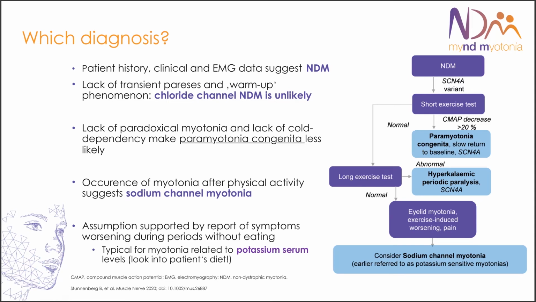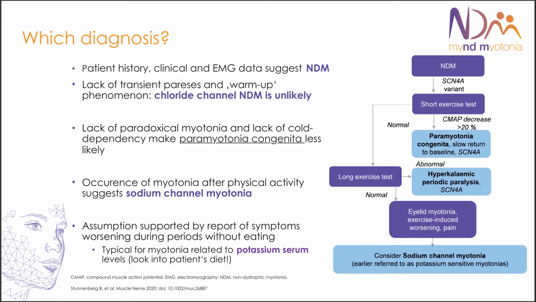And to go through here, with NDM as the working diagnosis, you may suspect that it is a sodium channelopathy. You can perform the short exercise test as discussed before, and you may see pattern 1 or 3, but this may not really help to decide which kind of sodium channelopathy is present. Paramyotonia congenita has some distinct clinical features which were not present in the patient.